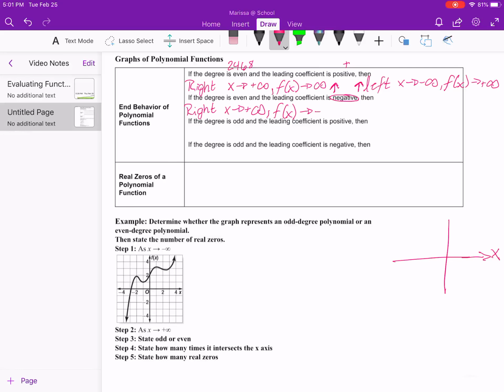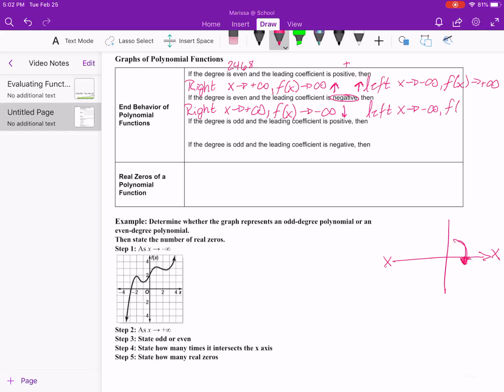In other words, our arrow is going to be pointing in the downward direction. Then on the left side, as my x values go towards the left, they get smaller.